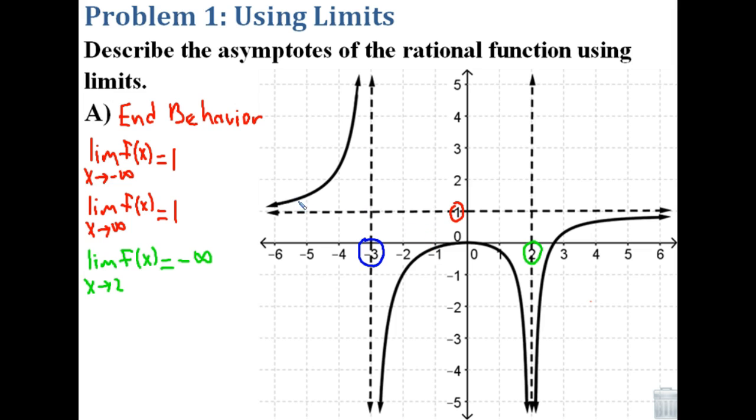If we're coming towards negative 3 from the left, we'd say it's going up. If we're coming at it from the right, it's going down. For that reason, I can't describe this asymptote with a single limit. I've got to use two separate limits. If you ask me what's the limit as x goes towards negative 3 of f of x in this case, I'd say it does not exist because it's doing two different things on both sides.